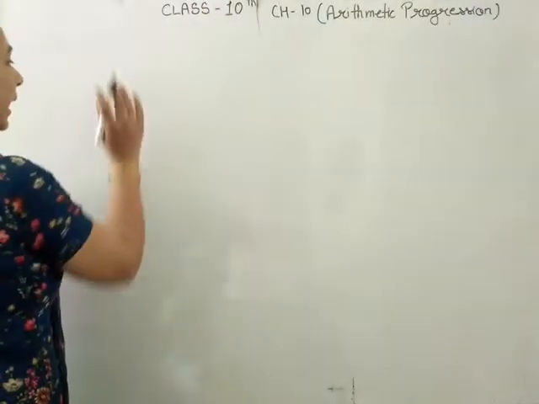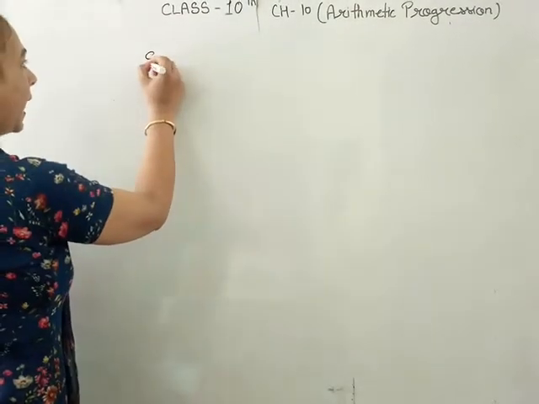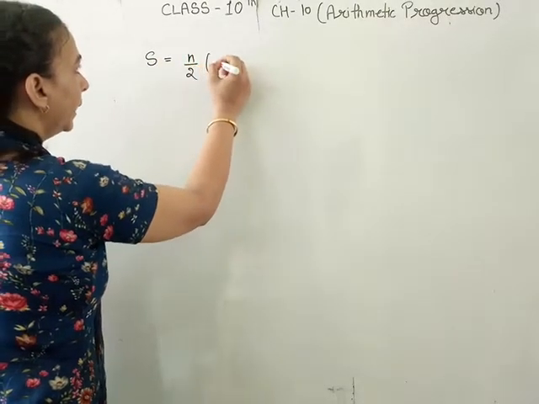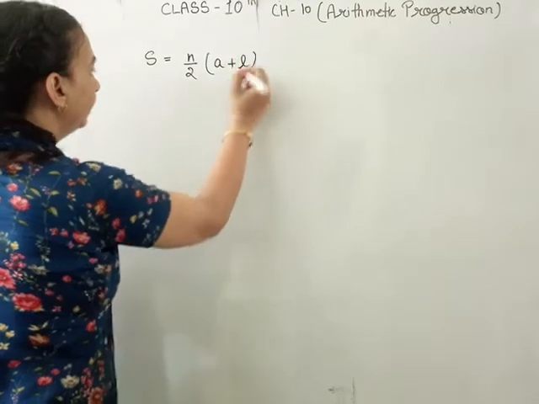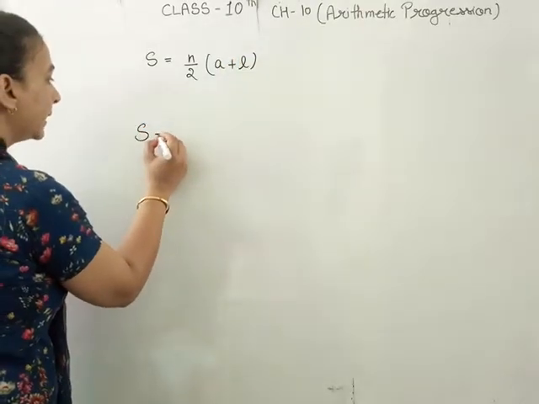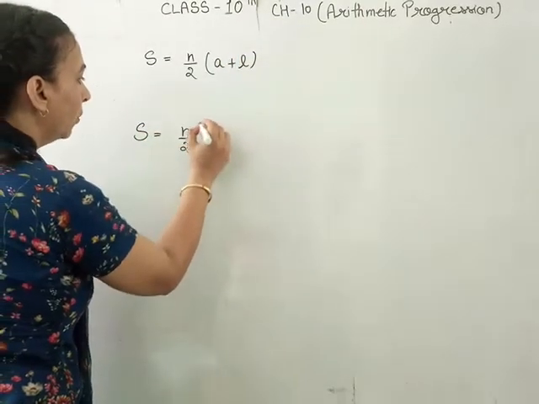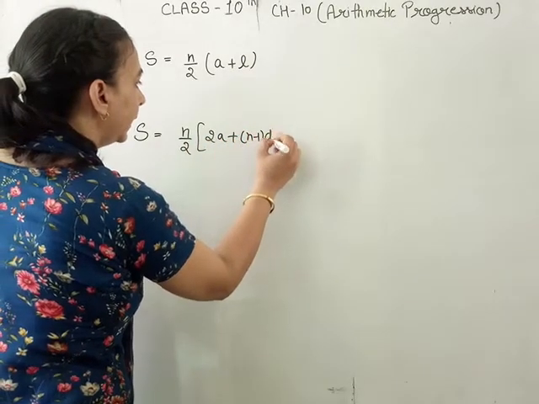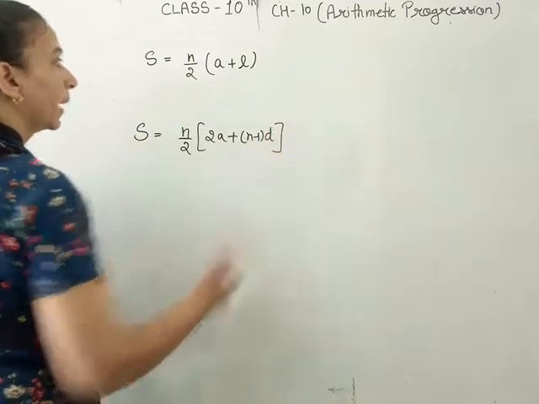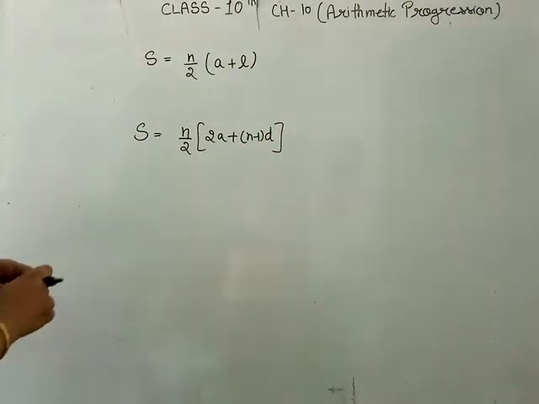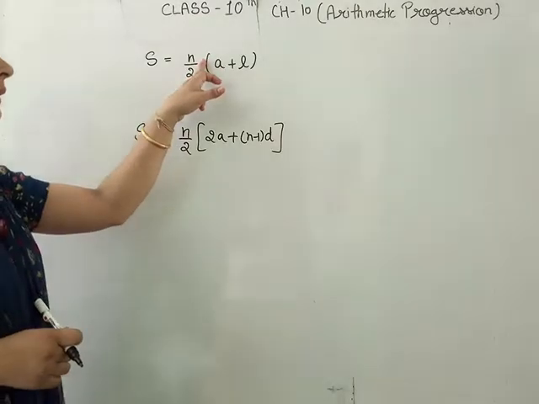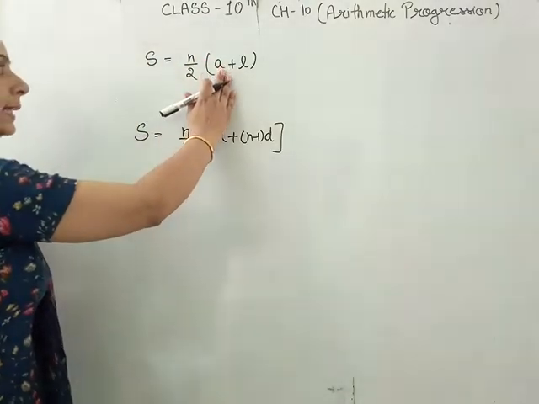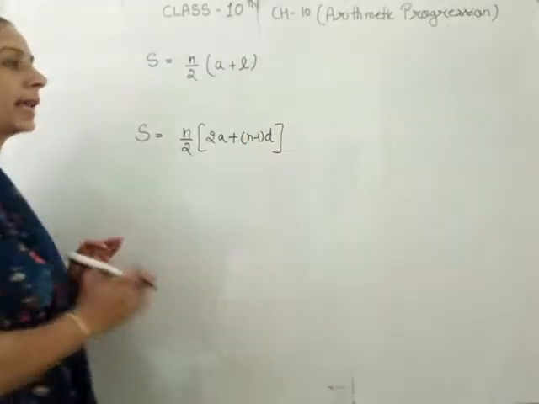Students, we have two results. First is S equals n by 2 into (a plus l), and second result is S equals n by 2 into (2a plus (n minus 1)d). In the first result, S is the sum of n terms, a is the first term, and l is the last term.